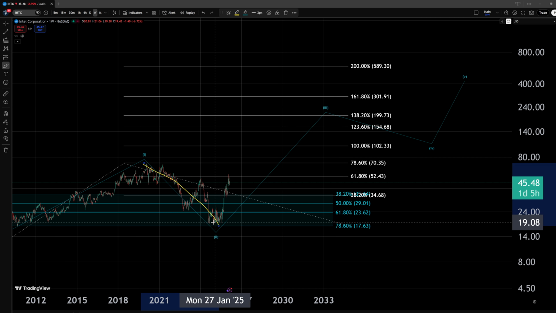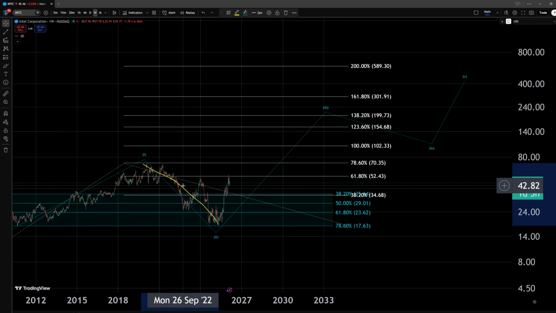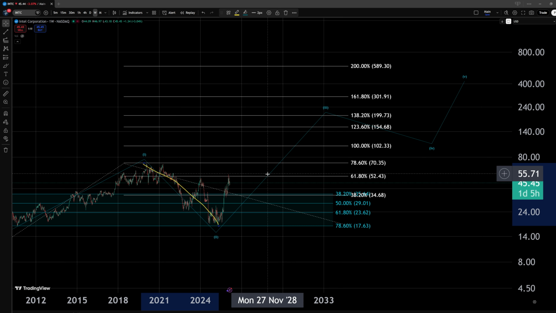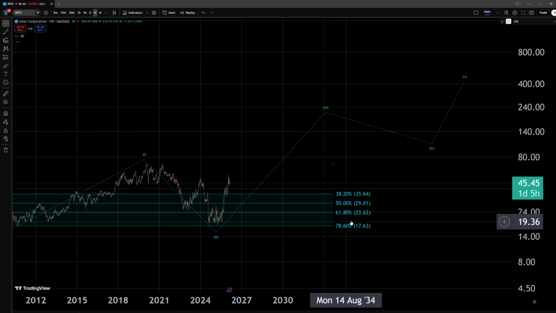Most people during that period wouldn't believe that Intel would even be expected to reach the $200 level, possibly considering even a failure for the entire company, as it wasn't in a very good situation.